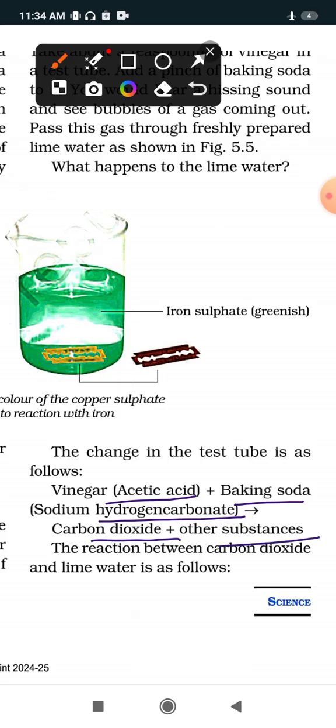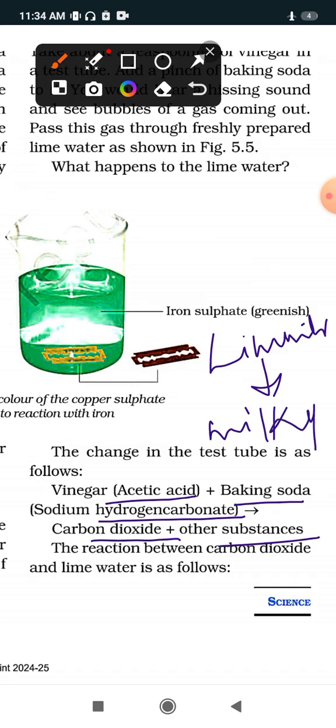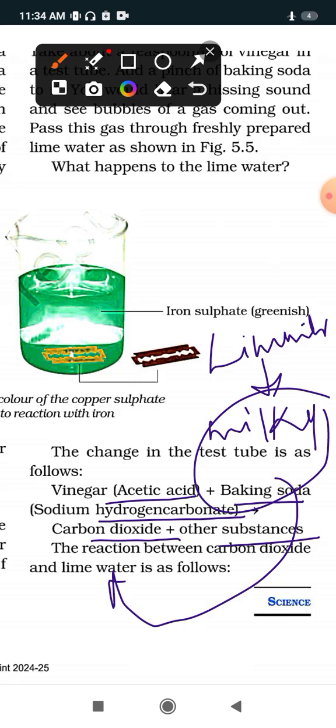When we pass the gas through lime water, it will turn the lime water milky. When it turns lime water milky, carbon dioxide is present. So this is the reaction: when acetic acid reacts with baking soda, it gives carbon dioxide and another substance. Clear?